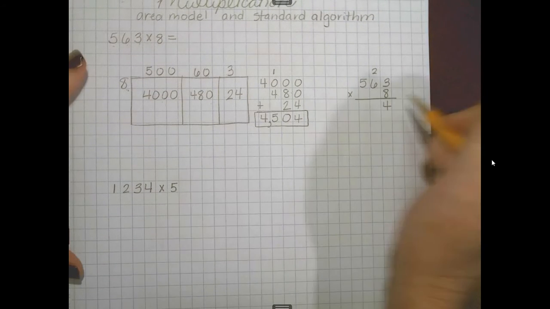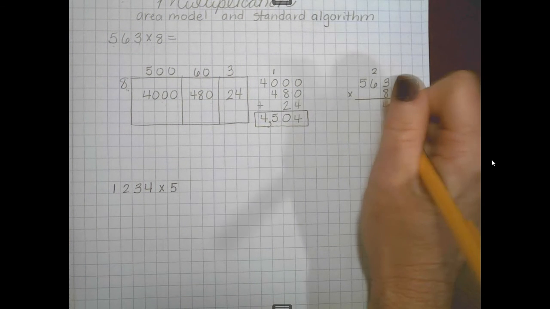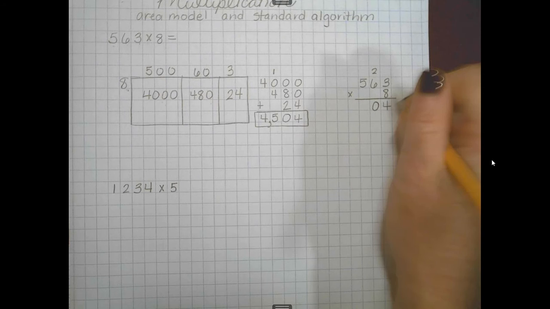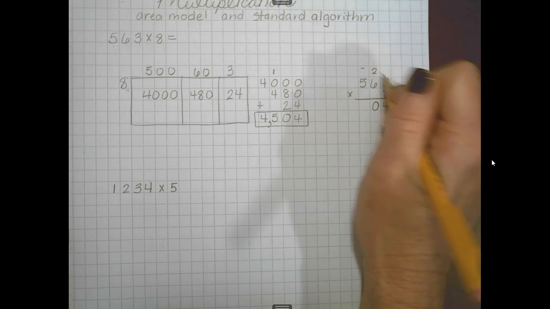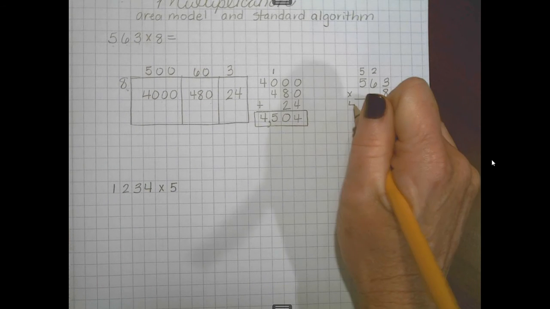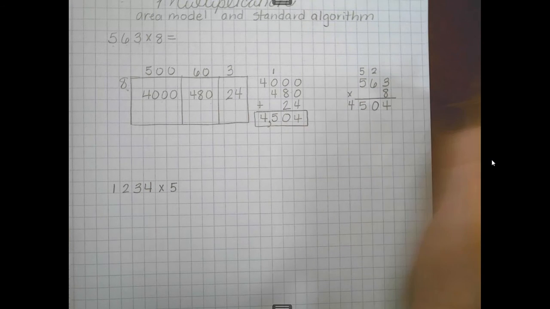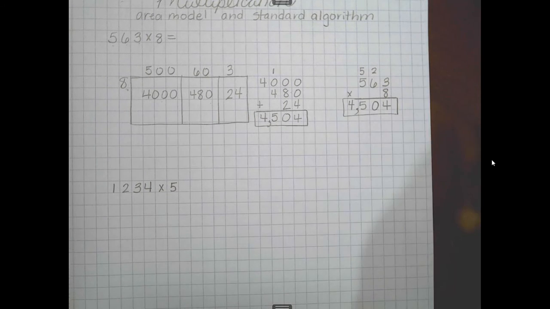Excuse me. 8 times 6 is 48 plus the 2 is 50. Again, you're going to regroup those 50 tens into 5 hundreds. 8 times 5 is 40 plus the 5 is 45. Then we get 4,504.